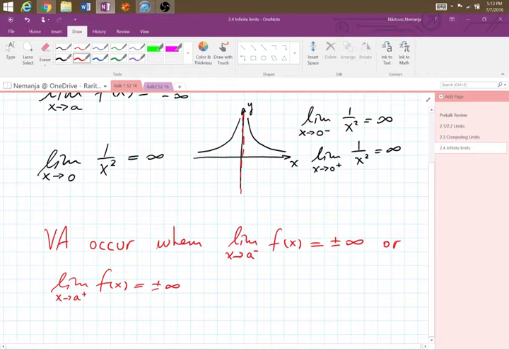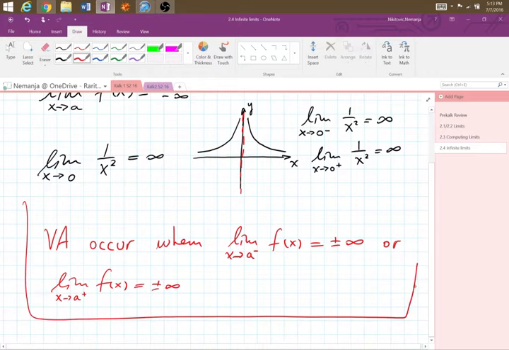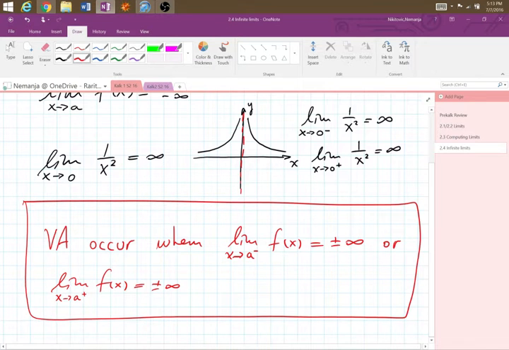If the limit is infinity, or if the limit does not exist, we label them all as does not exist. But in the case of getting these infinities on the one-sided limit, we know that there is a vertical asymptote in that case. So that is the definition for vertical asymptotes.